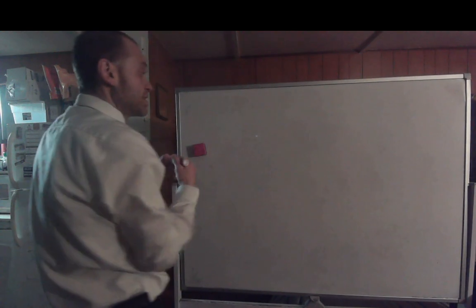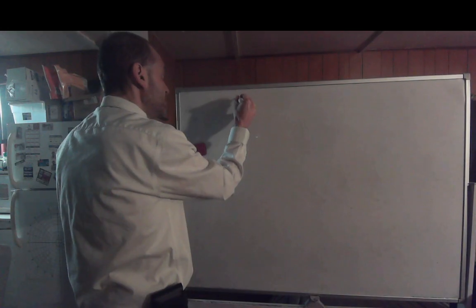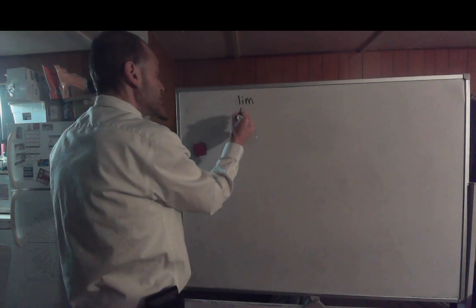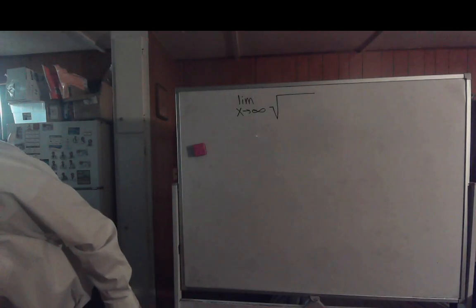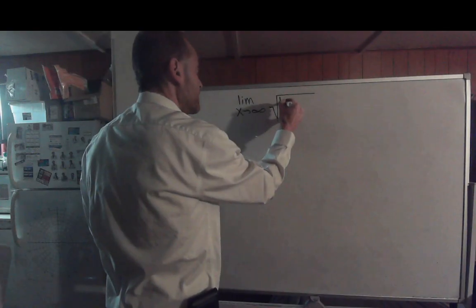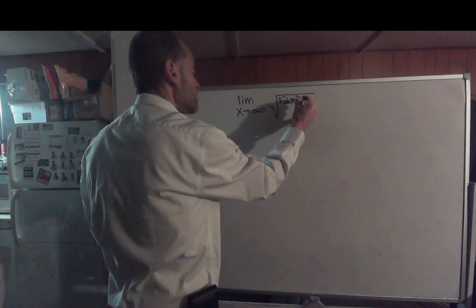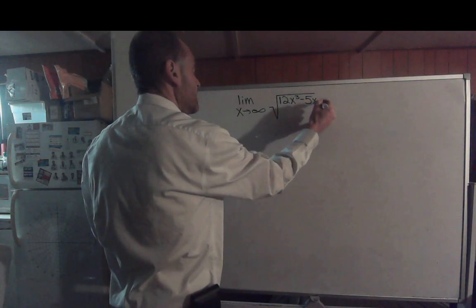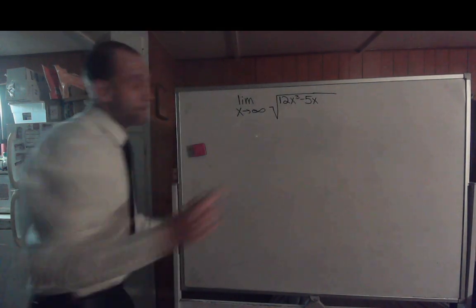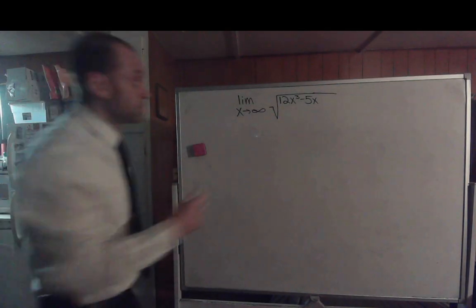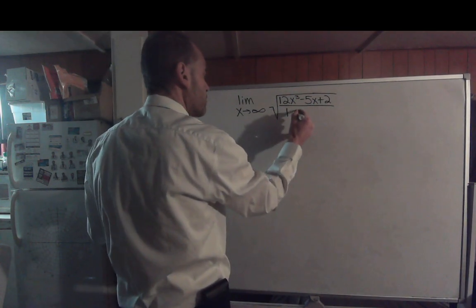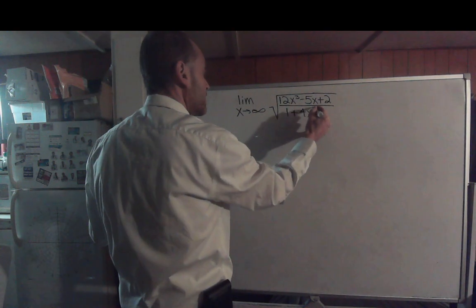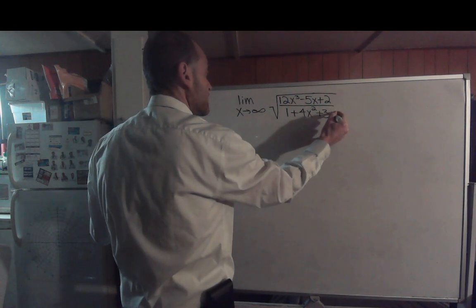Now, what if I gave you something like this? The limit as x approaches infinity of the square root of 12x cubed minus 5x plus 2 all over 1 plus 4x squared plus 3x cubed.